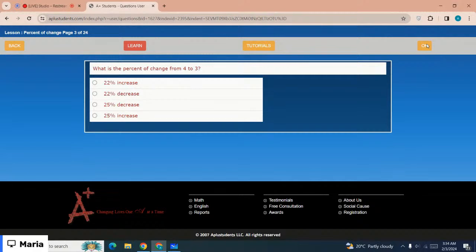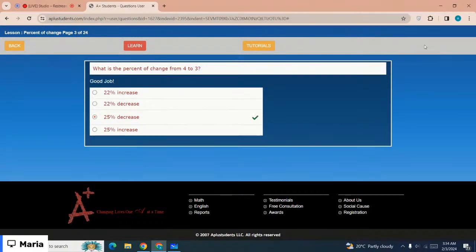Yes, that is a 25% decrease, right? From 4 to 3, that is decreasing. So that is 25% decrease. Got it?